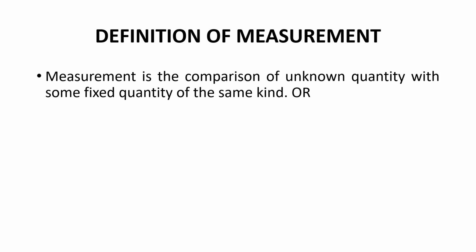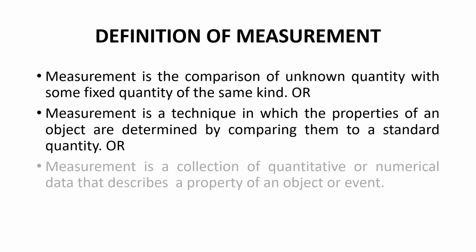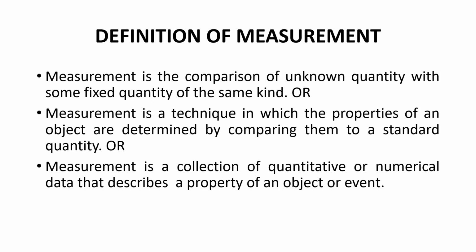We can also define measurement as a technique in which the properties of an object are determined by comparing them to a standard quantity. Measurement can also be a collection of quantitative or numerical data that describes a property of an object or event. So these are a few definitions of measurement.